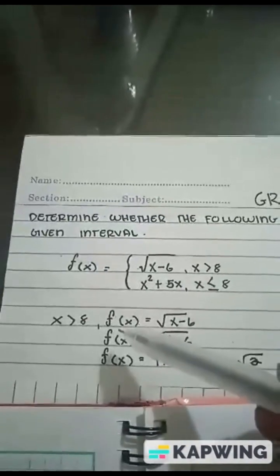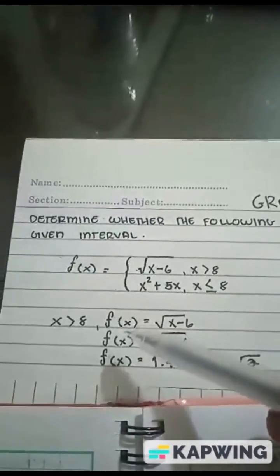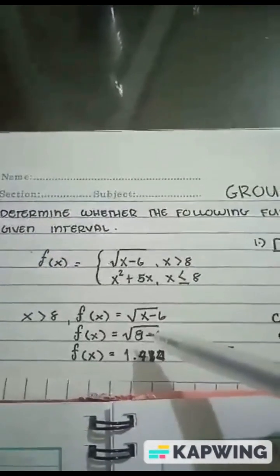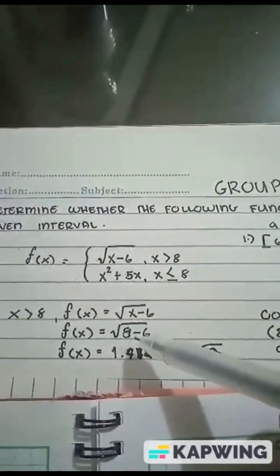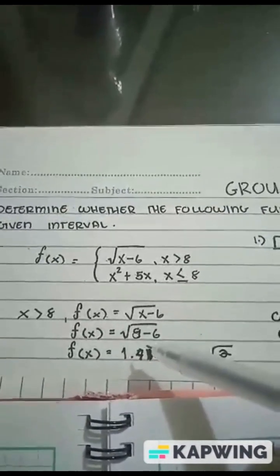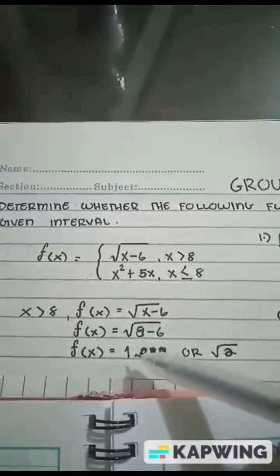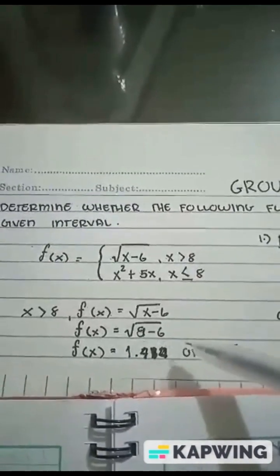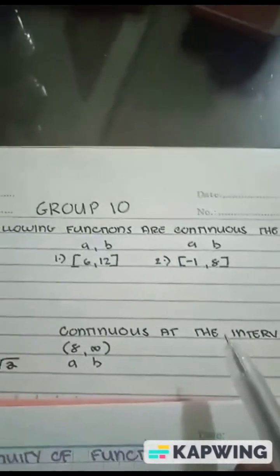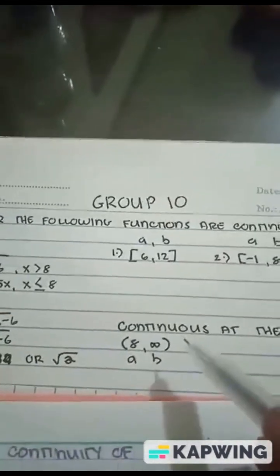So in our example, it's 8. Direct substitute x for 8. So it will be the square root of 8 minus 6. The result will still have a value, which is 1.414 or square root of 2. Therefore, continuous at interval 8 and infinity.